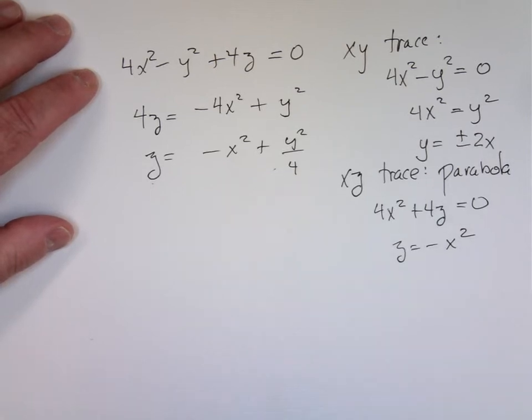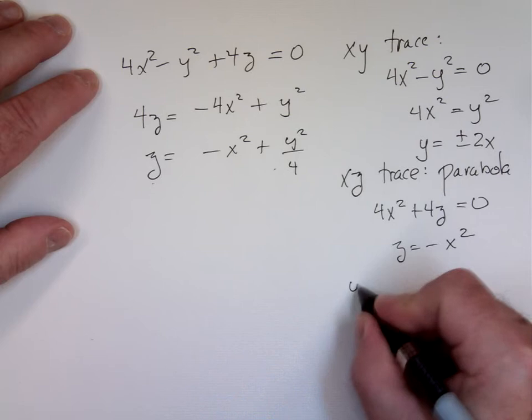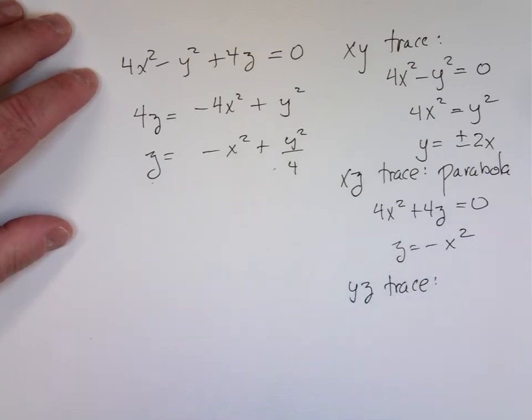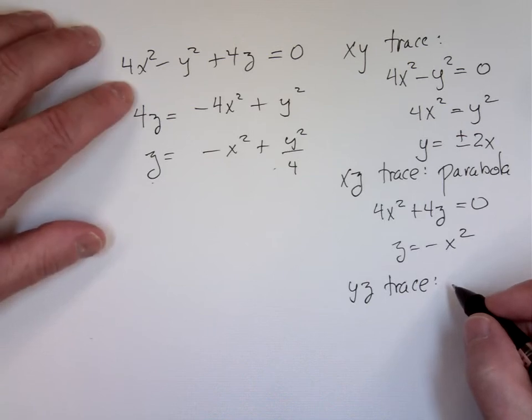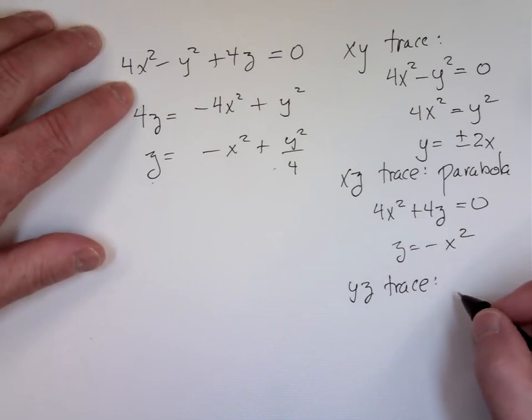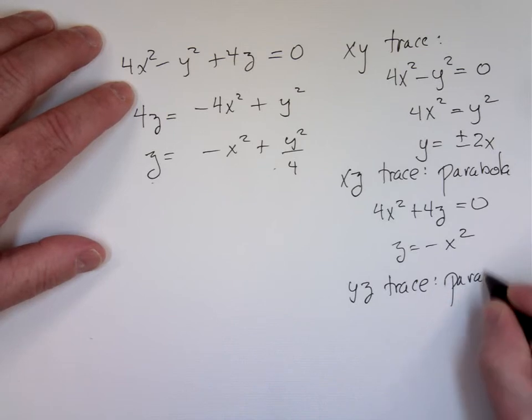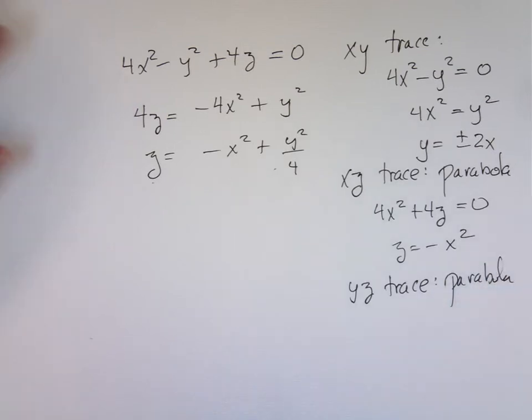And if you do the yz trace, by letting x equal 0, what are you going to get there? Same thing, a parabola again. Okay, another parabola. So you've got 2 parabolas and 2 intersecting lines is what you have. And like I said, you do that in Mathematica, and you'll be able to see it. That's exactly what you have. I'm looking for the traces here, but Mathematica should be doing the drawing, in my opinion.